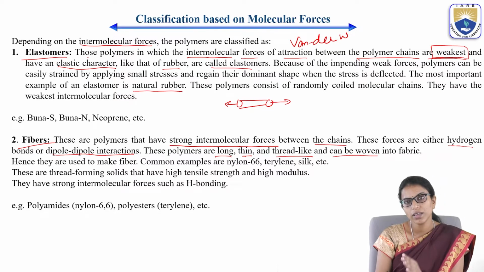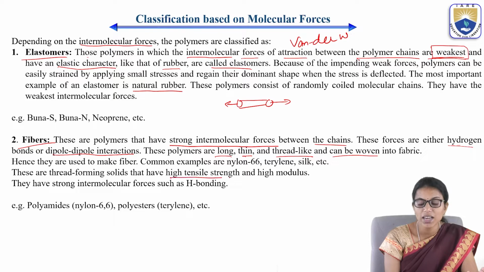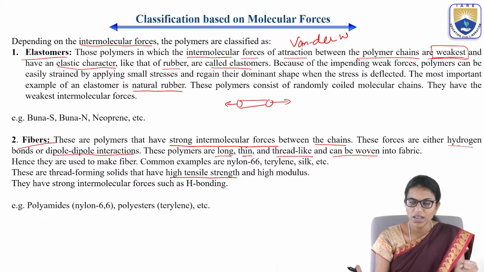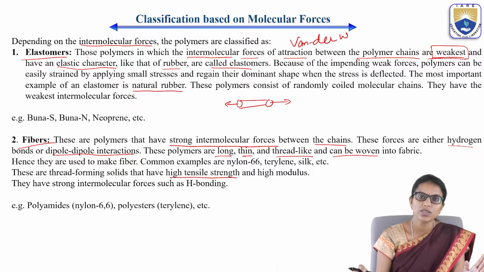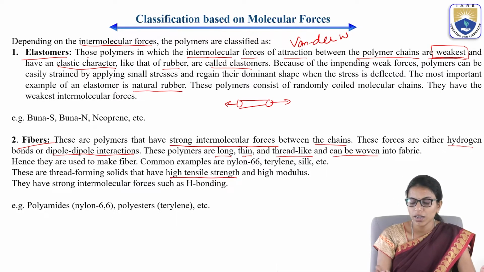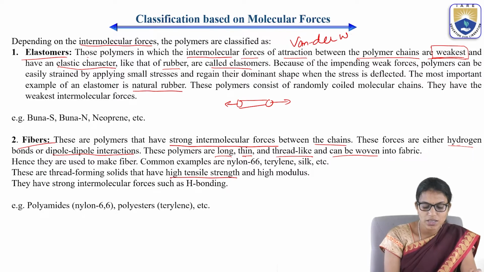They have high tensile strength. Tensile strength means we can pull it, and if we remove the forces, it will come back to its original shape. So high elasticity properties it is having. Hence, they are used to make fibers.